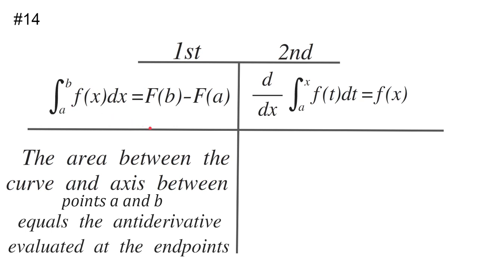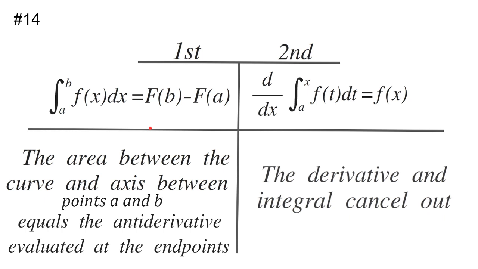Whereas the second fundamental theorem of calculus states that the derivative and the integral are going to cancel out. This f is going to remain f and not become the antiderivative. But since we're taking the derivative with respect to x, this f of t becomes f of x because of the variable. So there are the two fundamental theorems of calculus.